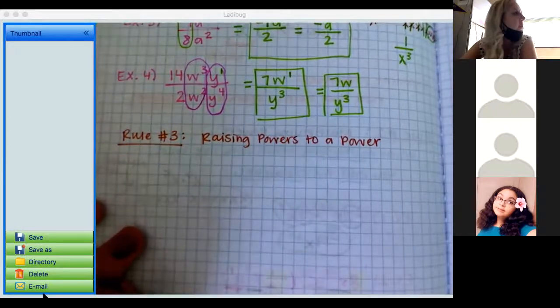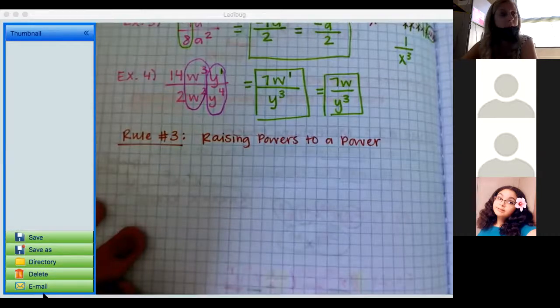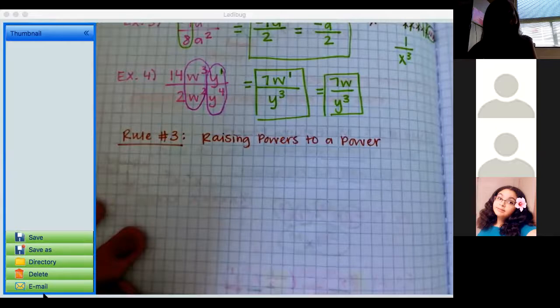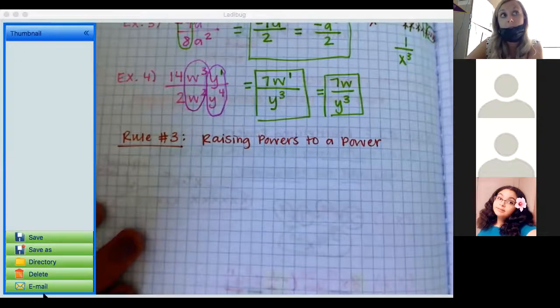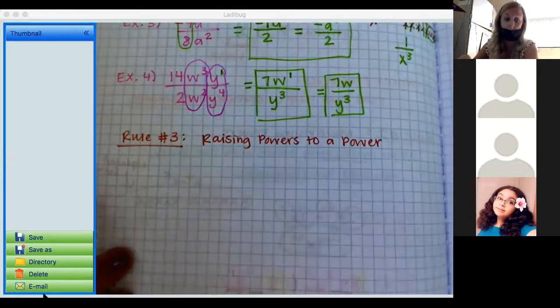What does this make you think of? If I say raising one power to another power. Okay. What if we're not done with our exponents yet? We added exponents, we subtracted exponents. Good, we haven't multiplied yet. So when you raise a power to a power, you do end up multiplying, okay?